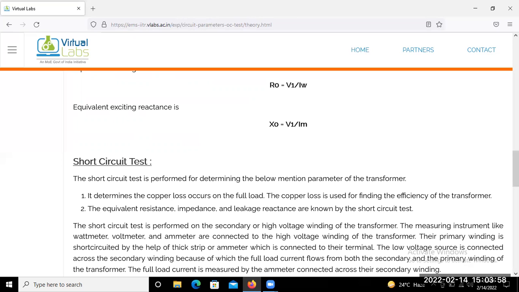The copper loss is used for finding the efficiency of the transformer, and the equivalent resistance, impedance, and leakage reactance are known by the short circuit test. So these two points you should always keep in mind: where we perform the short circuit test, that means the LV side or HV side, which winding we require to short, and which winding we require to put the measuring instruments on.